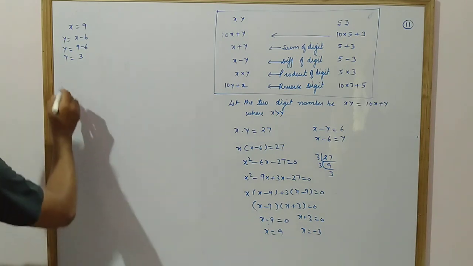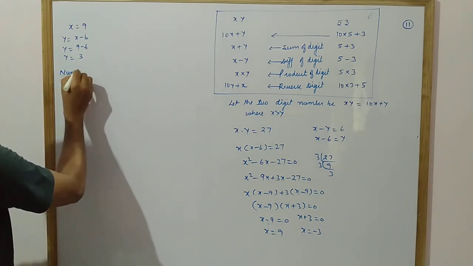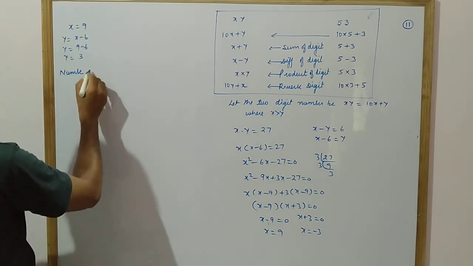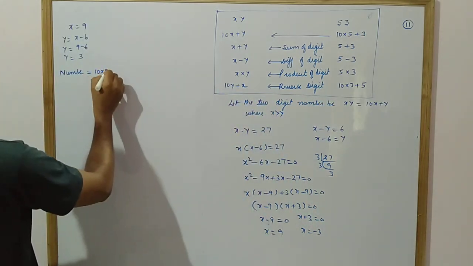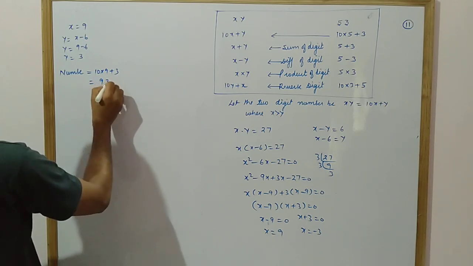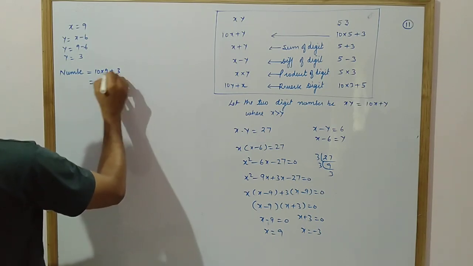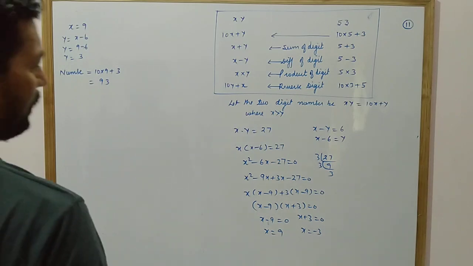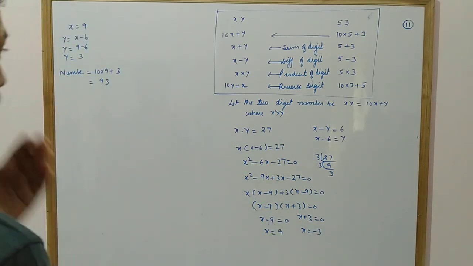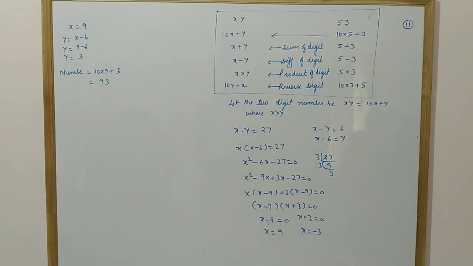So the number, x is 9, y is 3, so number is 10x plus y, 10 into 9 plus 3 equal to 93. Follow? Okay. So the number is 93. We are not taking the negative number because it is not given as negative. Next, question number 12.